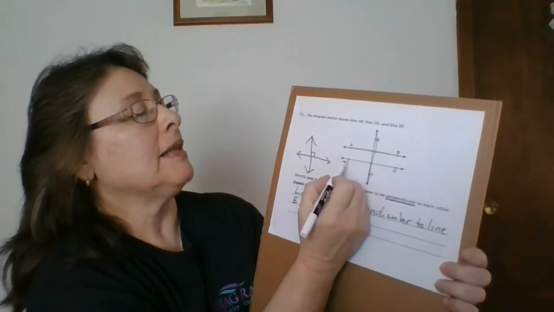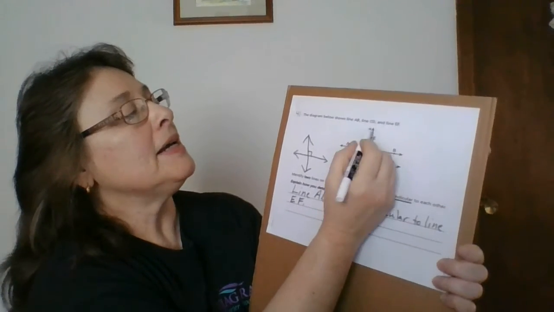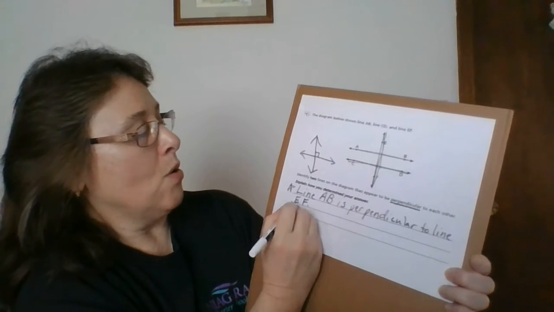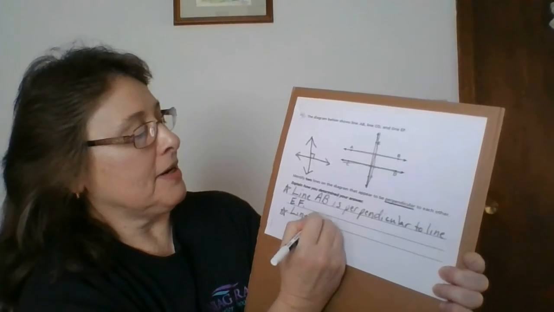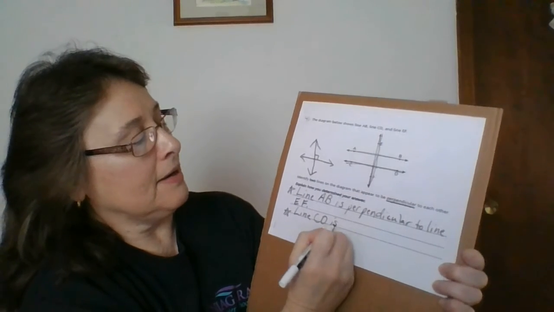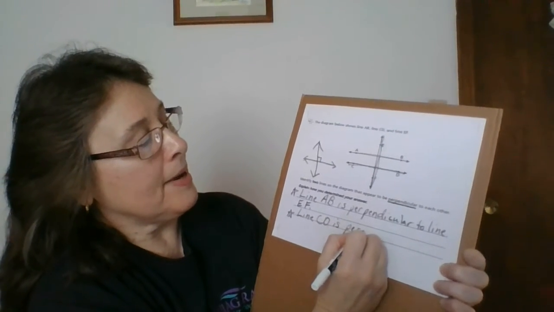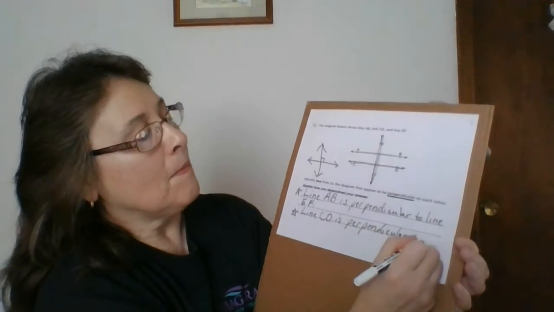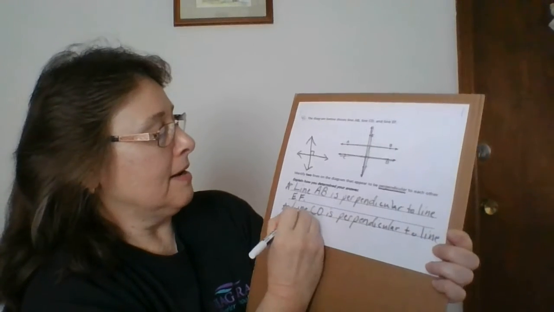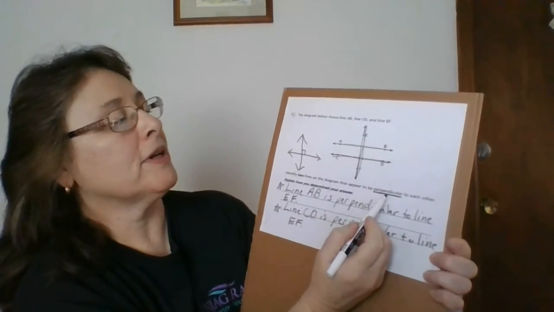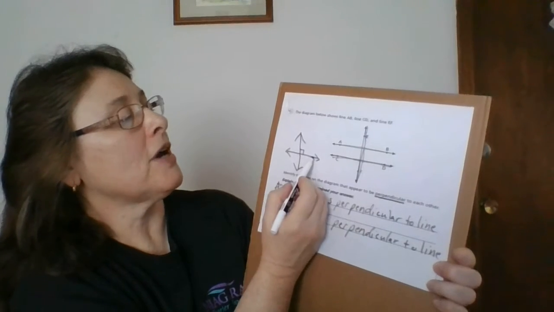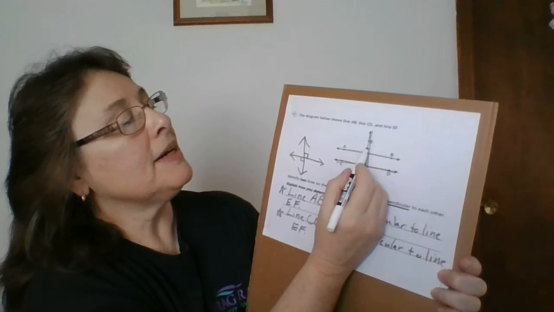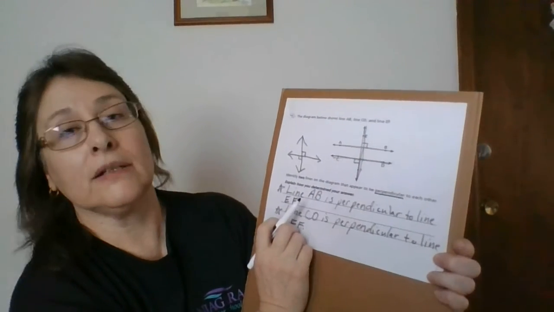I could have said line CD is perpendicular to line EF. So either line AB is perpendicular to line EF, or line CD is perpendicular to line EF. So perpendicular means two lines that intersect or meet to form a 90 degree or a right angle. These are 90 degrees or right angles.